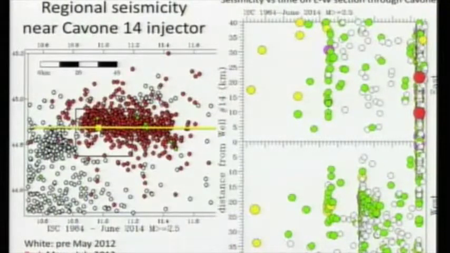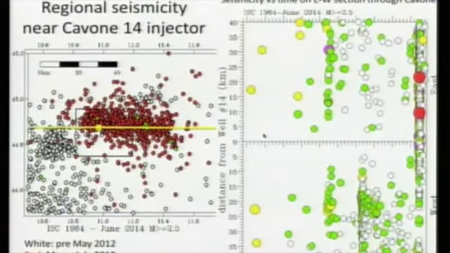It's a mess. It's hard to see what's going on here, but it's useful to draw a line from east to west here, centered on the Cavone field at the injector well, Cavone 14, and then plot time on the horizontal axis and distance on the vertical axis, either distance to the north or distance to the south. So the total range of distance here is plus or minus 40 kilometers.